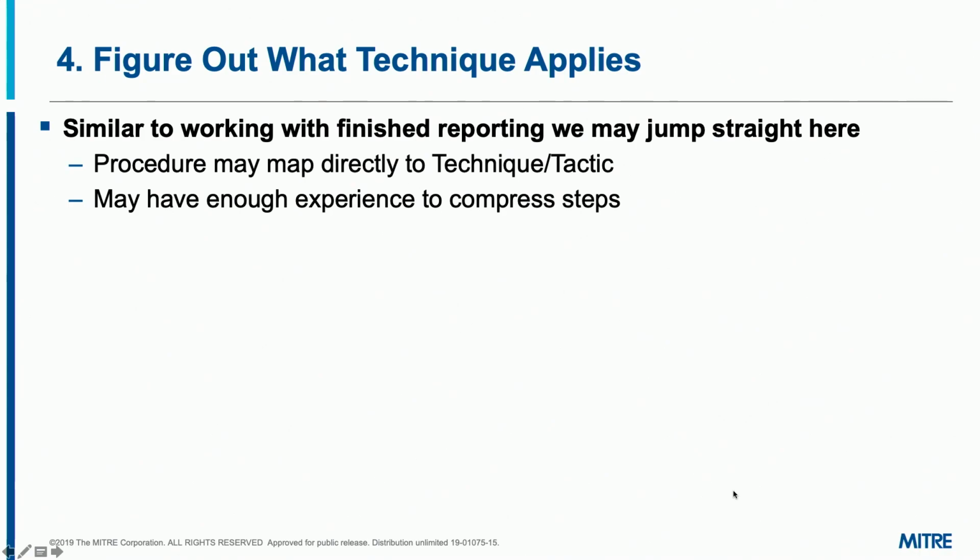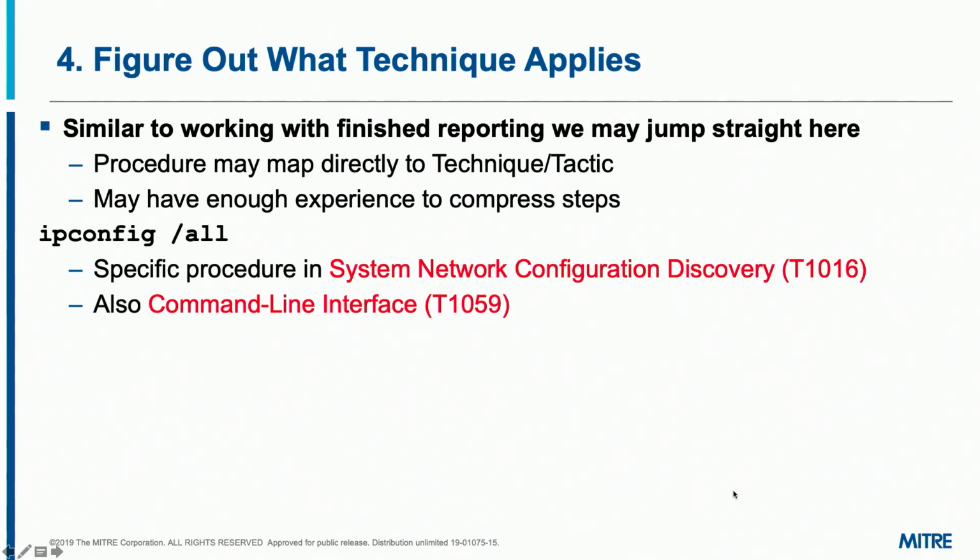So similar to what we showed you with working with finished reporting, we may have enough information to get straight to here. So the procedure might map directly to a technique and tactic, and we don't really need to go through these other steps. We do need to be careful that it might increase our biases to just jump ahead. So as I showed, going through ipconfig /all, we've already got enough to say that it's system network configuration discovery.